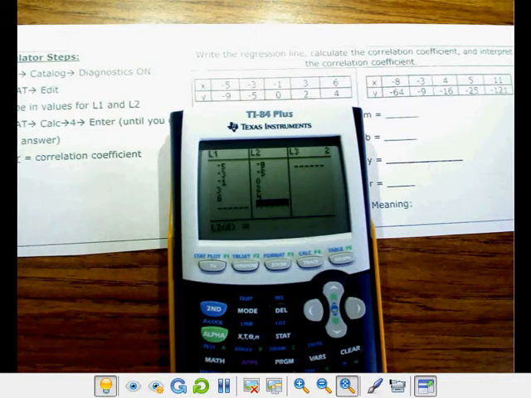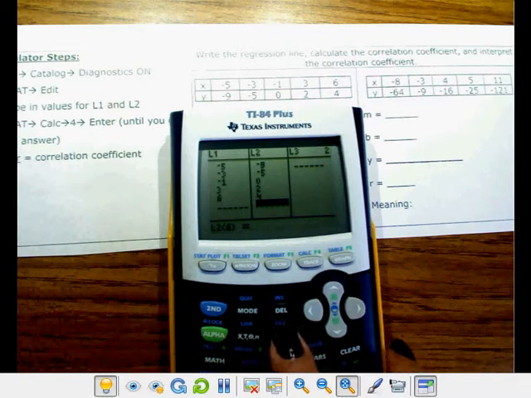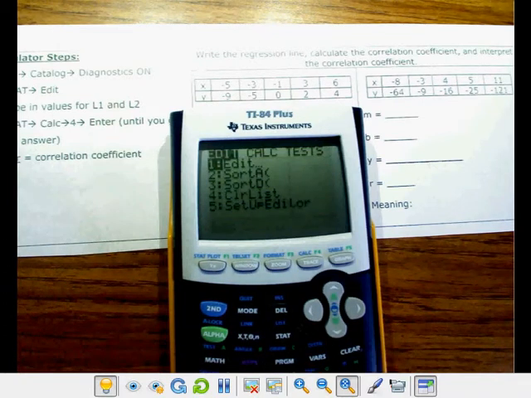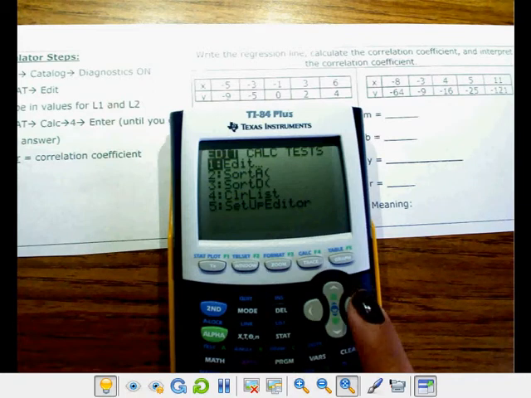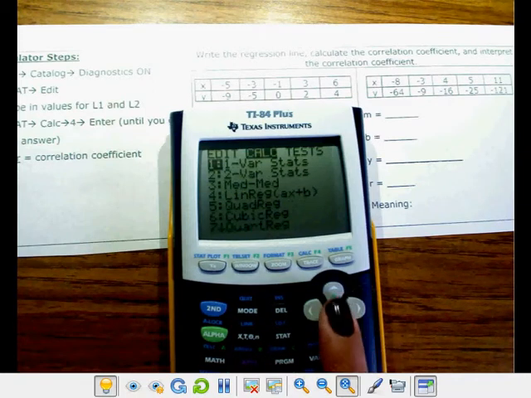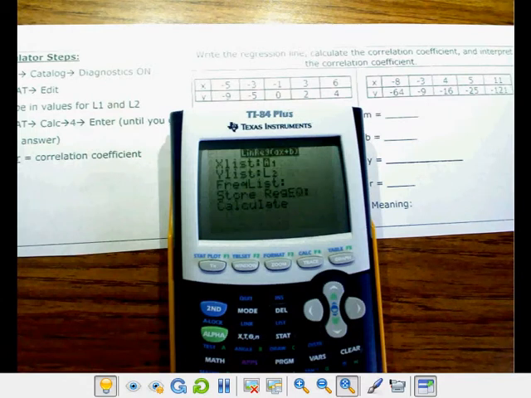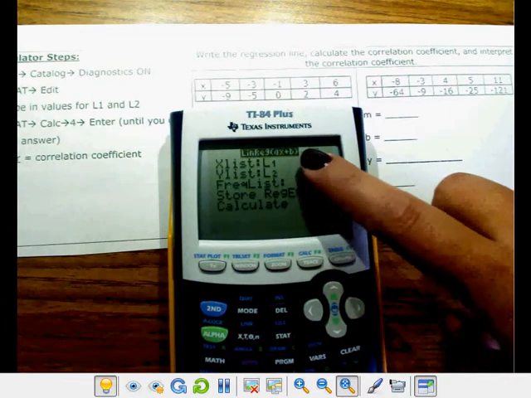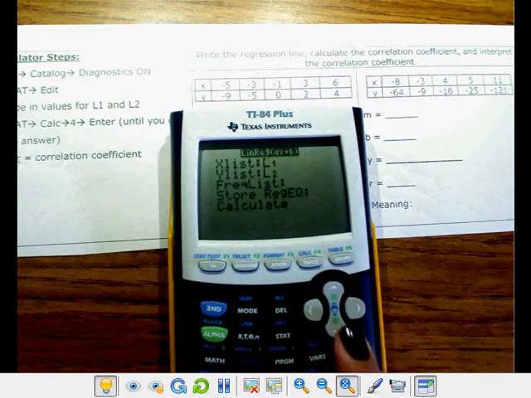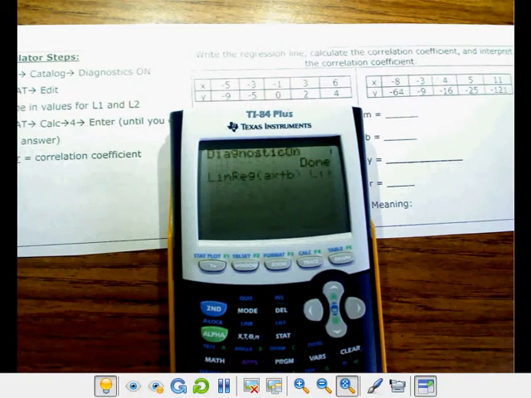All right, so now it's the same thing we've been doing. After you've typed in your numbers, we go back to stat, over to calc, and we're going to go to linear regression, LinReg. Make sure that the X list and Y list says L1 and L2 because that's where it's pulling your values from. Then we just press enter, and it's different, right?